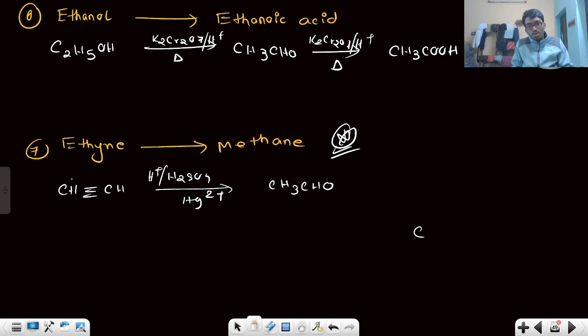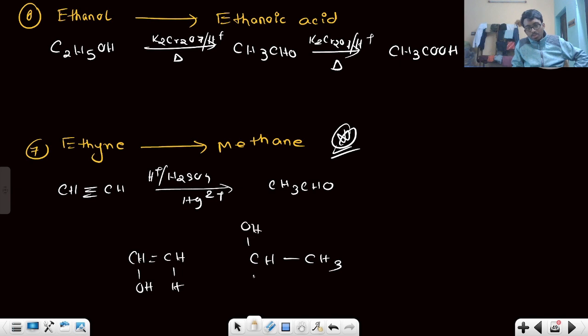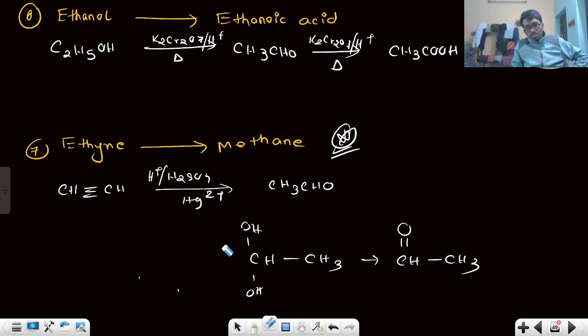One OH will go out, ultimately forming one aldehyde. See here, CH=CH with OH, H, then CH2 with OH, OH. Two OH on the same carbon cannot be, so it will form CH3CHO. This is just the mechanism. I just showed you how it comes to CH3CHO.